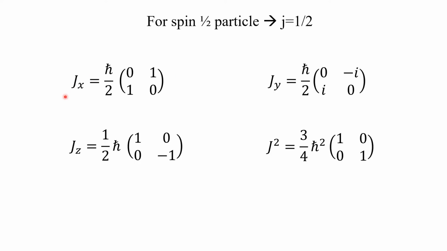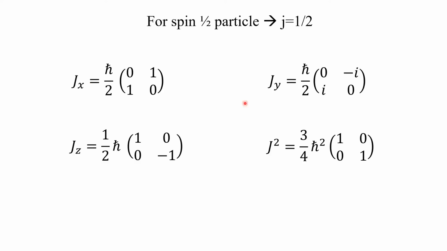So, in my lecture about Pauli spin matrices, I derived Sx, Sy, Sz, and S squared. The same thing is valid here also, because J also comes under the Lie group. Whatever property is valid for Pauli spin matrices is valid here.